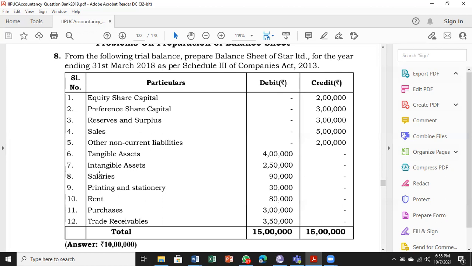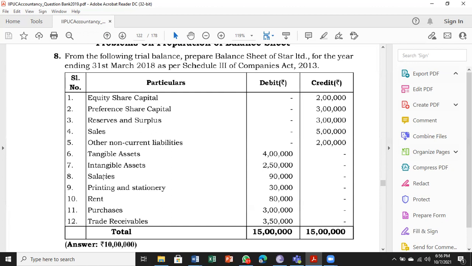So from salaries to purchases, all items are income statement items. Trade receivable is an asset, a current asset. It comes in the balance sheet. So this is the problem given. We have a few items of income statement. One is sales, the other is from salary to purchase.